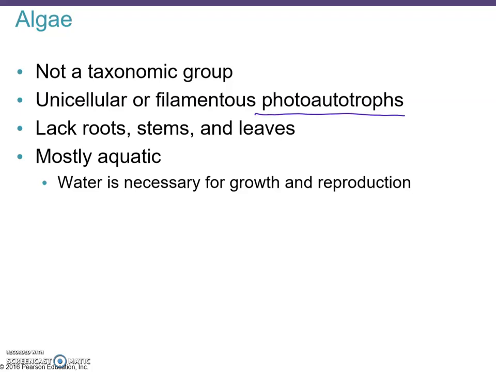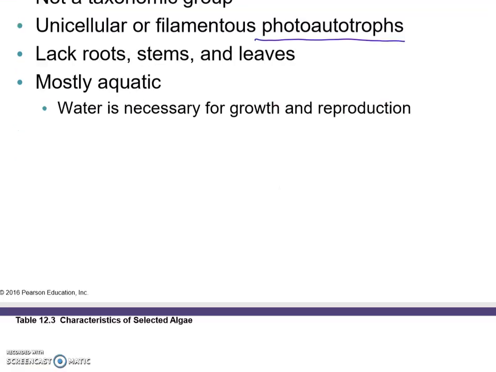So they're in the group of the Protista, just that they are the more plant-like ones because they can photosynthesize. Yet they are single cell, typically don't have any roots, stems, or any other distinguished tissues, basically. And most of them are aquatic, so that means they need water for their growth and reproduction.